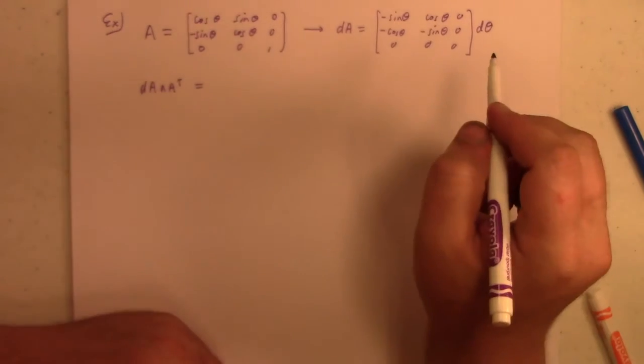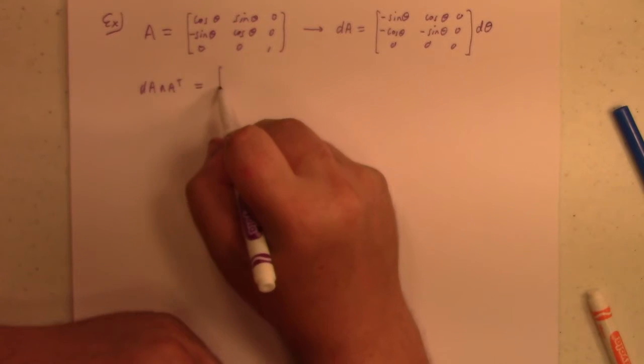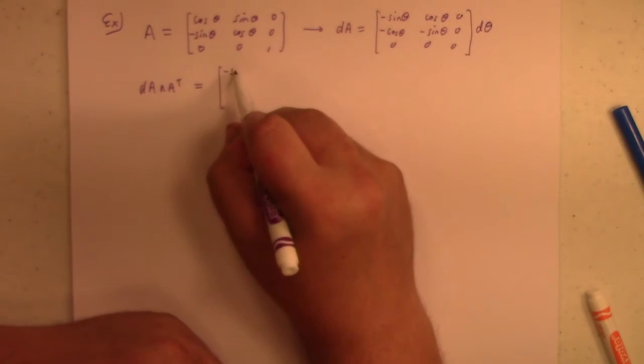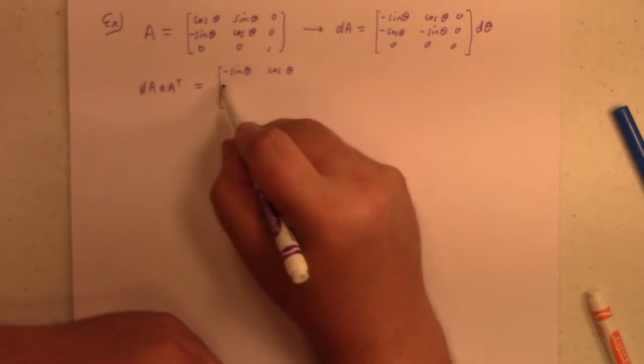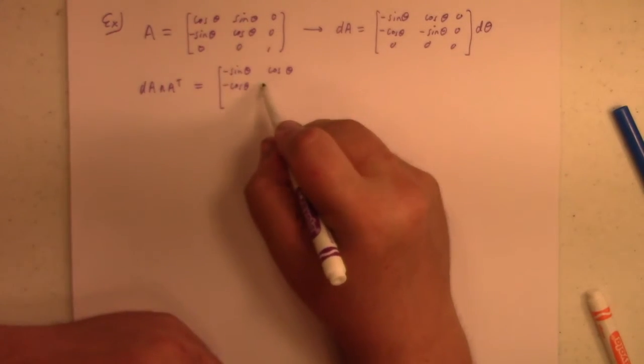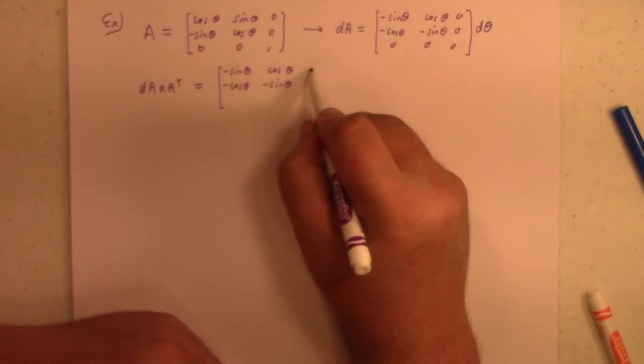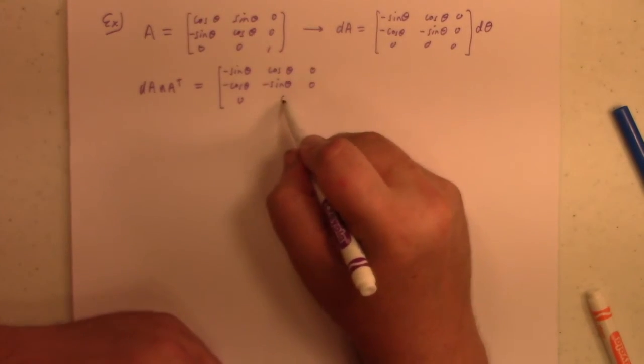All right. And so that gives us minus sine theta, cosine theta, minus cosine theta, minus sine theta, 0, 0, 0, 0, 0.